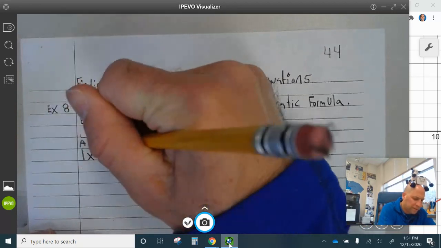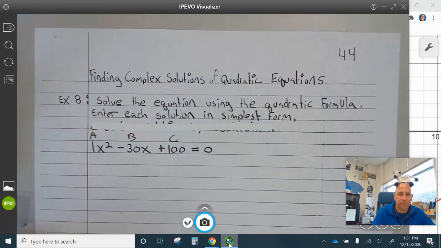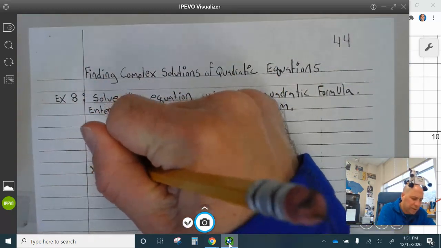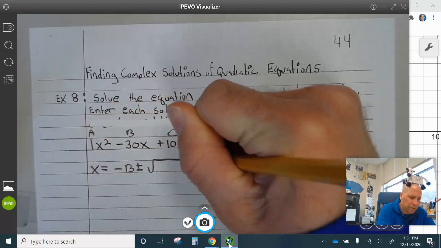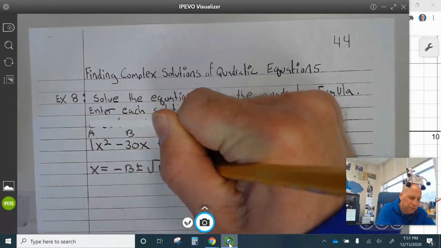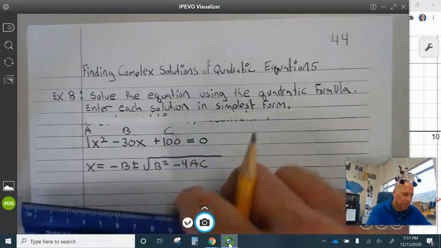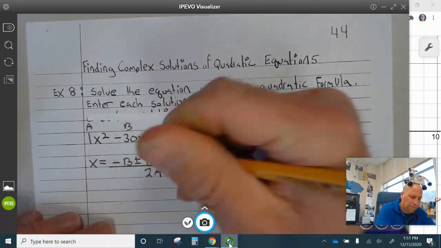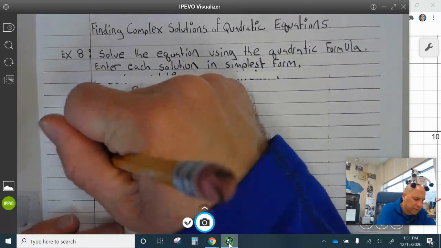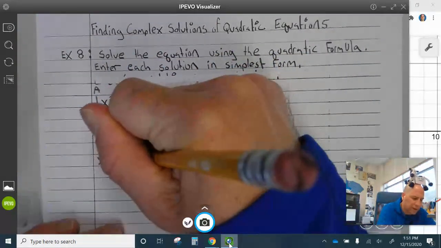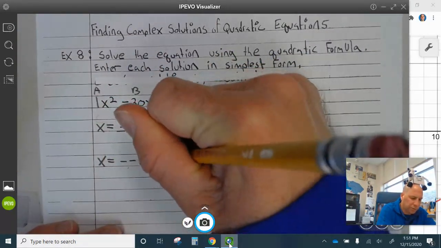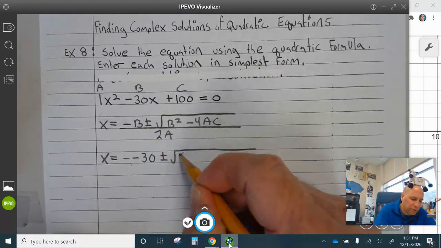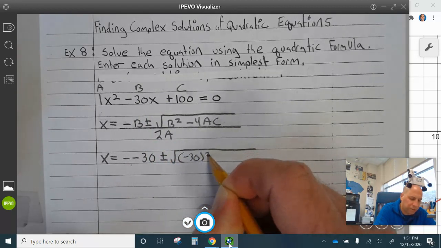This is A. This is B. This is C. Okay, so then x equals negative b plus or minus the square root of b squared minus 4ac divided by 2a. Okay, so then x equals negative 30 plus or minus the square root, and again, this is where students make the most mistakes: whenever you square negative 30, you have to put it in parentheses, especially in the calculator.